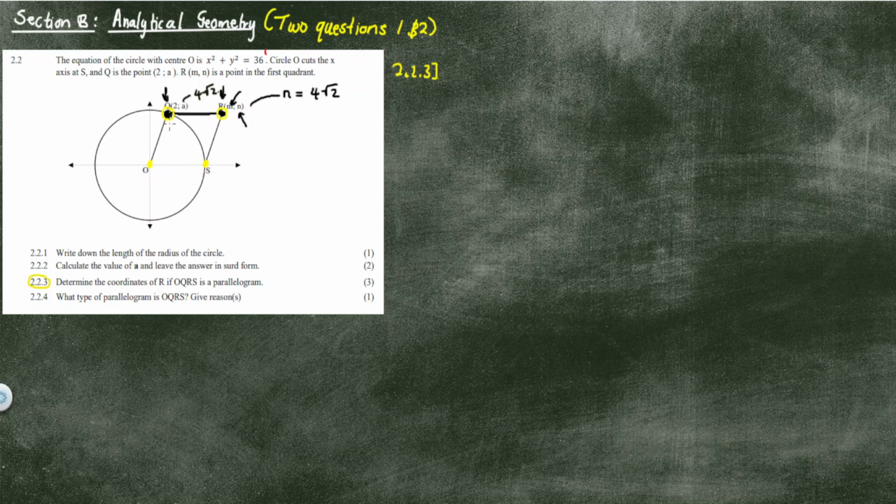So Q measures how many units from the origin? 2 units.